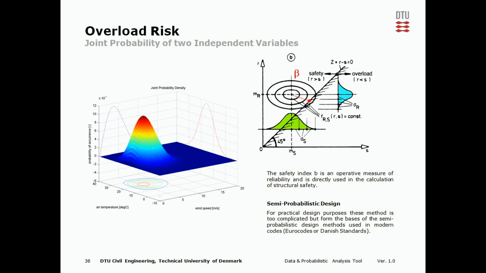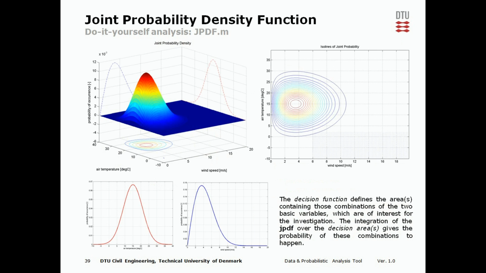So this can now be used, of course, for visualizing how these two are actually together, how this joint probability actually looks like. But if we now introduce some decision lines, and this is now here the top view, if we, for example, say that we would like to have the probability of cases where the wind speed is above 6 meters per second and the air temperature is below 2 degrees Celsius.